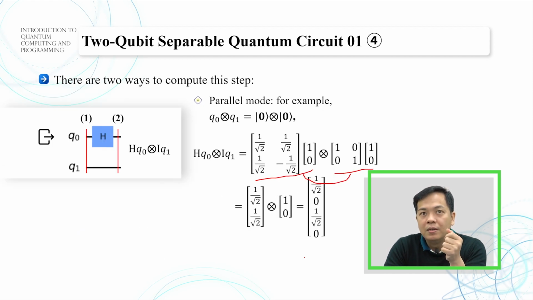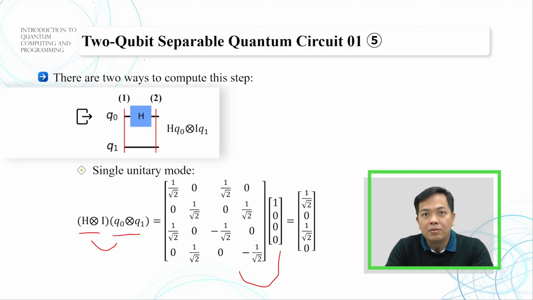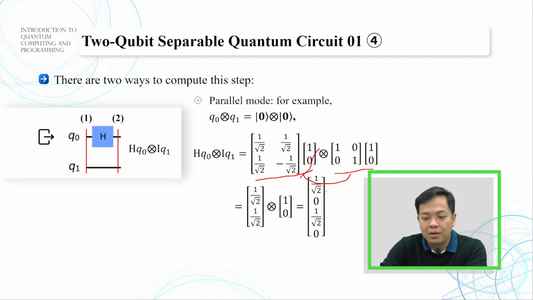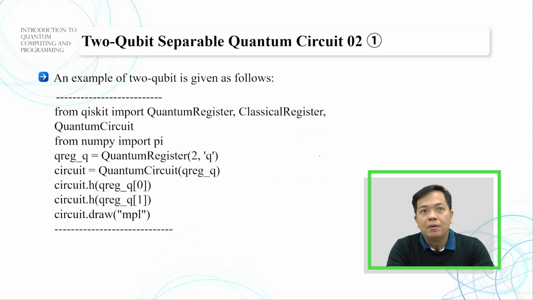Yes, this result is similar to the previous one. So that is the computation for the 2-qubit separable quantum circuit.